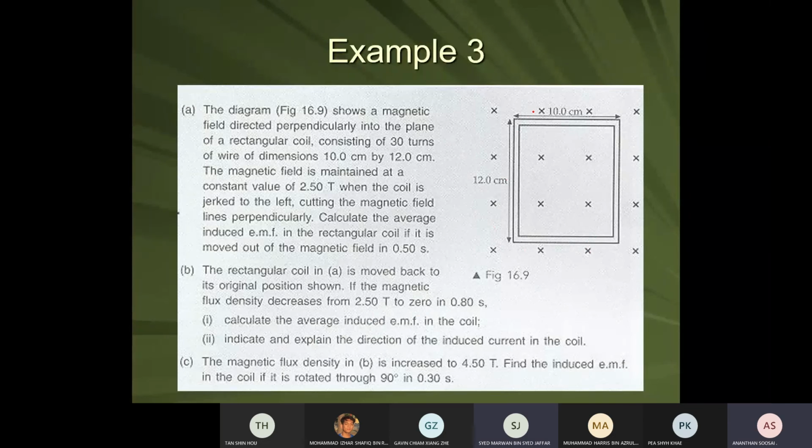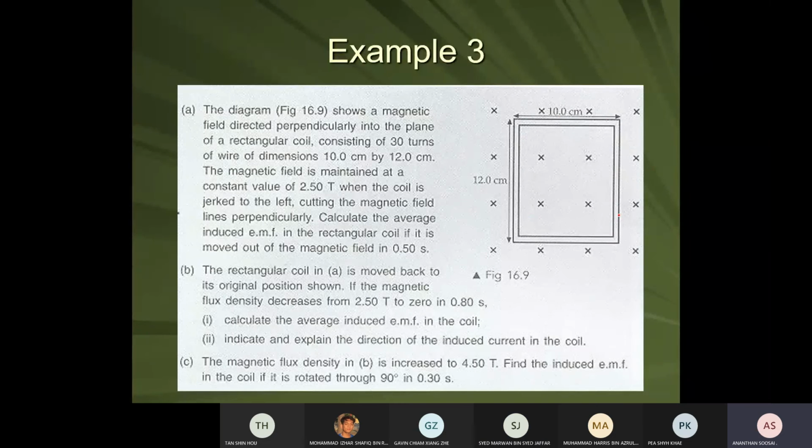So tell me, is the flux of the coil dropping or rising? 2.5 becomes 0, so the flux is dropping, right? From a higher flux, it dropped to 0 because the magnetic field becomes 0. No flux here anymore. So does the coil induce EMF? Yes, the coil will induce EMF.